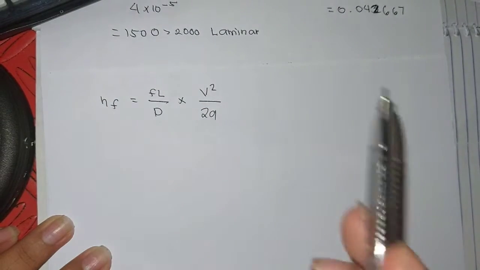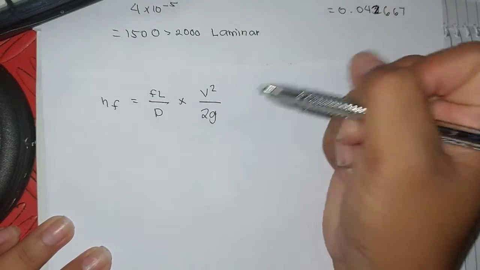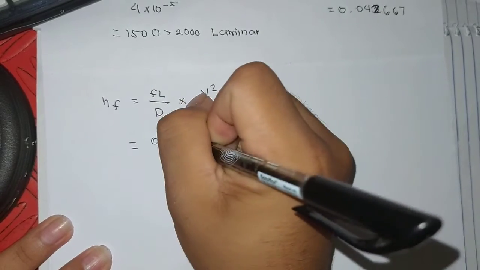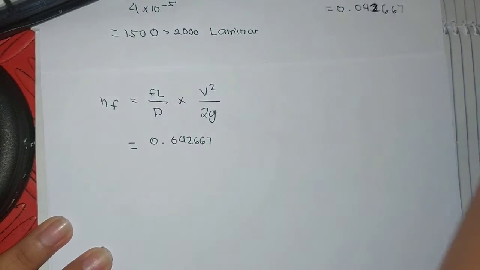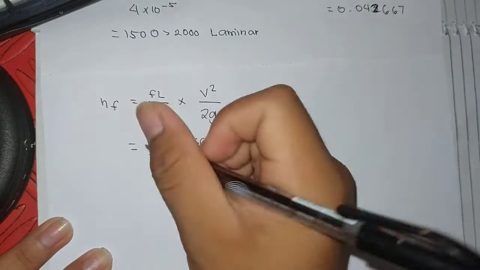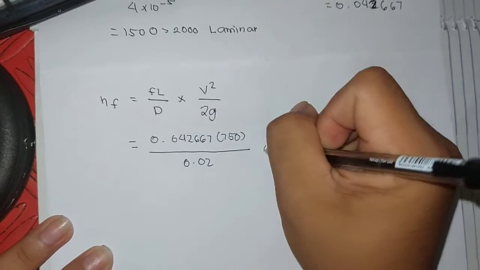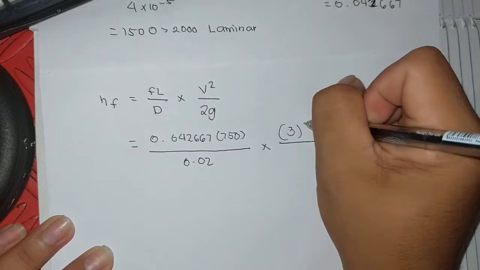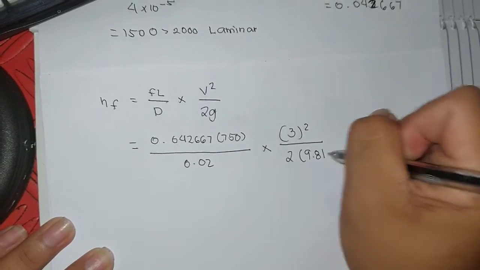The head loss equals f multiplied by L over the diameter times V squared over 2g. So 0.04267 multiplied by our pipe length, which is 750 meters, over our diameter, which is 0.02, multiplied by our velocity, which is 3 squared, over 2 times the gravity, which is 9.81.